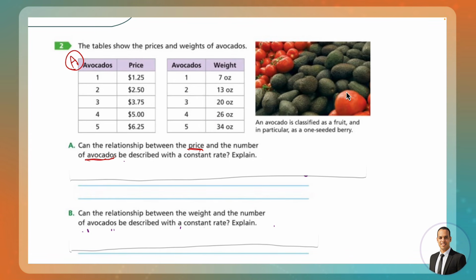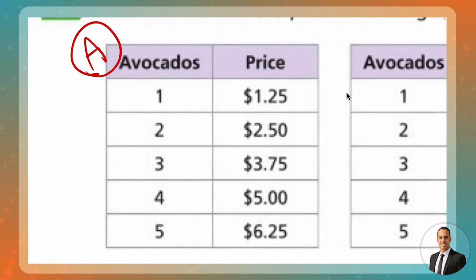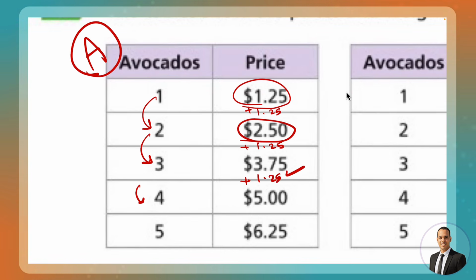Okay. So what do you notice here, guys? The one avocado is $1.25. So if it's two avocados, you add $1.25 more. Yeah, if you add $1.25, you will get $2.50. So until now it's good. One more avocado, so you add 1.25. Yes, it's 3.75. One more avocado, you add 1.25.